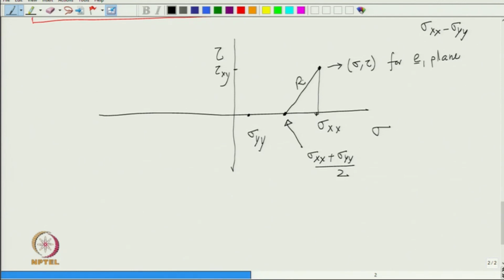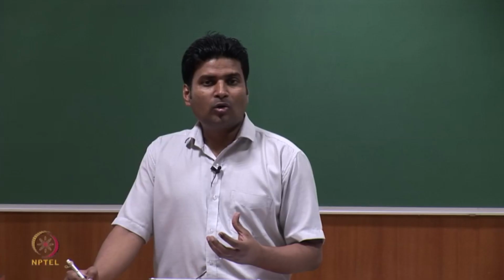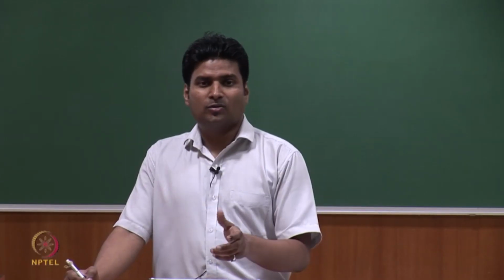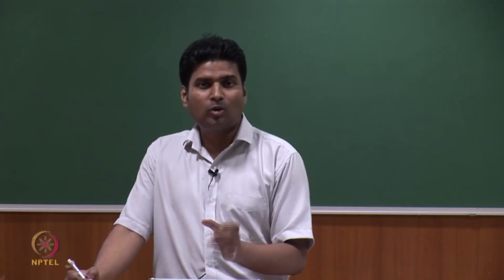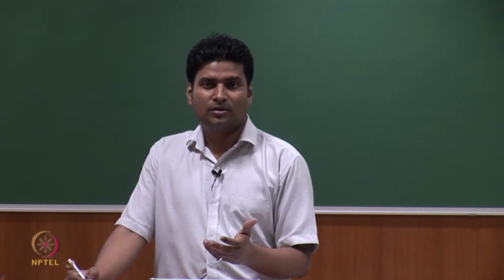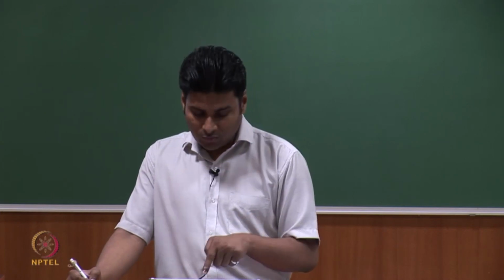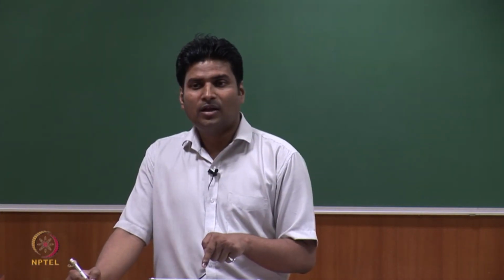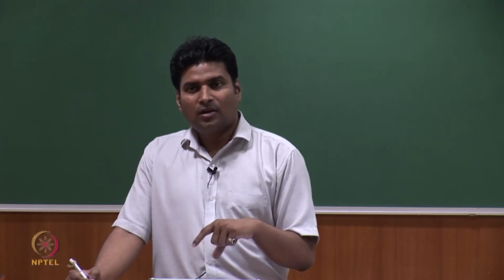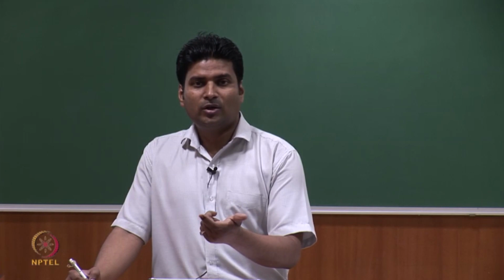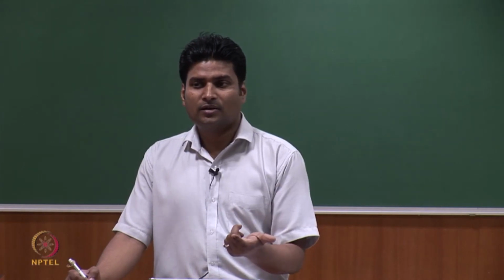Why? Because the circle has to pass through the point corresponding to E1 plane, because the circle is the locus of all sigma tau. So, the sigma tau corresponding to E1 plane also has to lie on the circle, right. So, therefore, once you have the center of the circle and you have a point on the circle, join those 2 points, you get the radius, right.